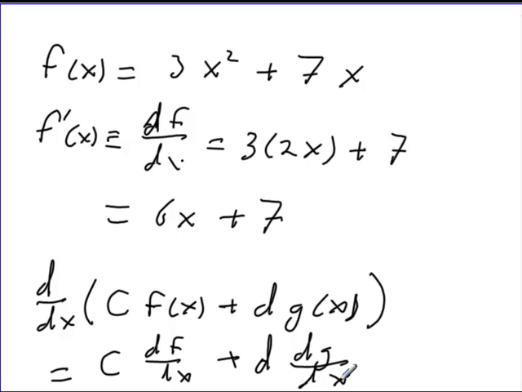In other words, when I add two things together, I just take the derivative of the two parts and add the derivatives. When I multiply a function by a constant, I just multiply the derivative by that constant.